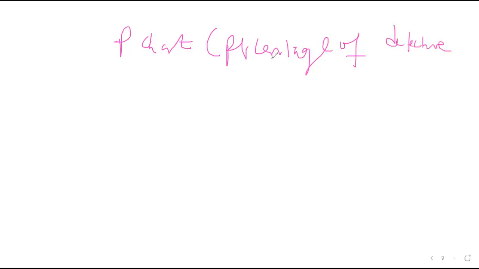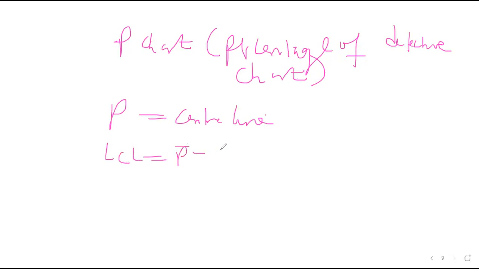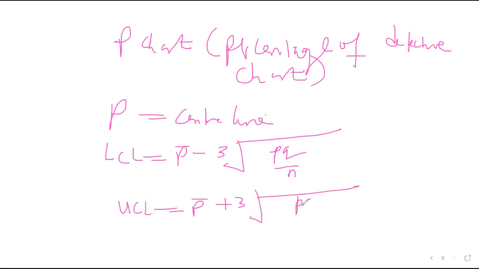So P bar is the center line. Lower control limit is equal to P bar minus 3 square root of PQ over N. Upper control limit is equal to P bar plus 3 square root of PQ over N.